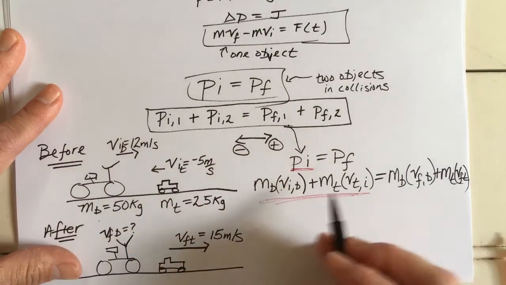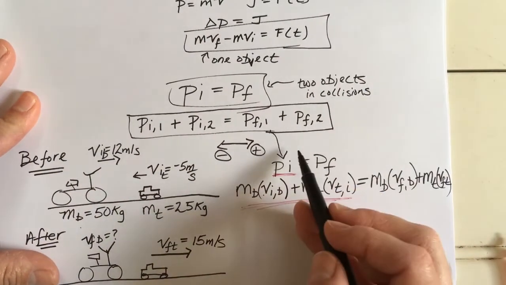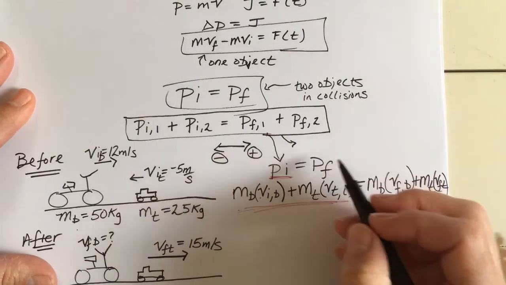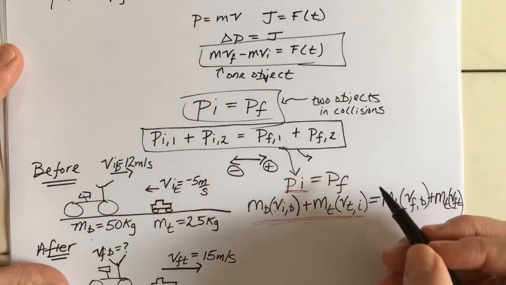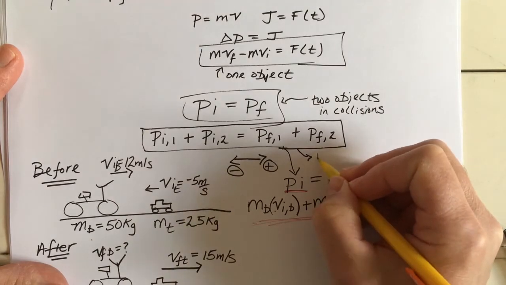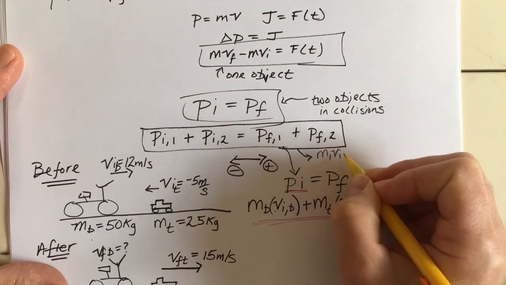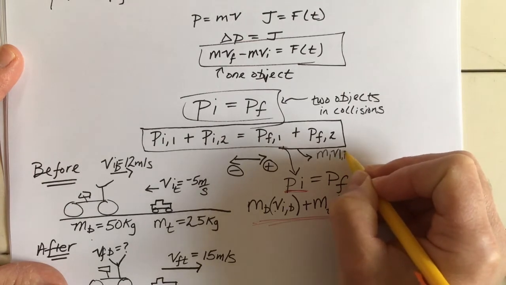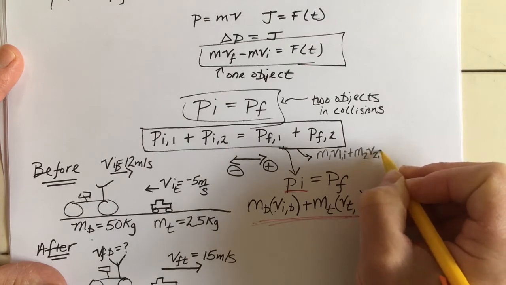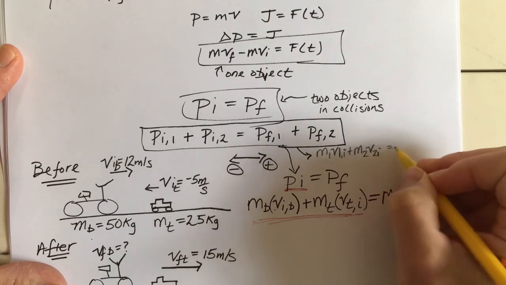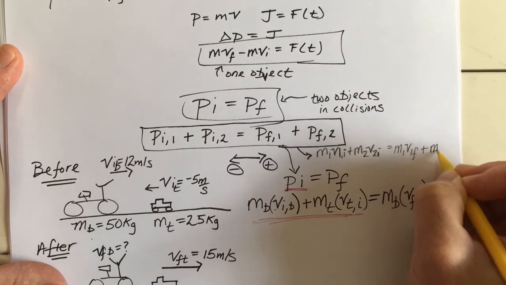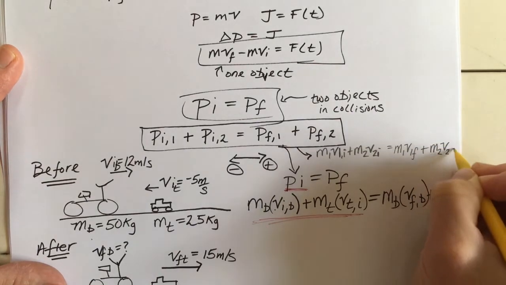So what this is then, if I go back up here and rewrite this in a more generic way, maybe right here, if I have room, maybe I do. Let me try. I'll write them here in pencil. Is that I have M1 times V1 initial plus M2 times V2 initial is equal to M1 times V1 final plus M2 times V2 final.